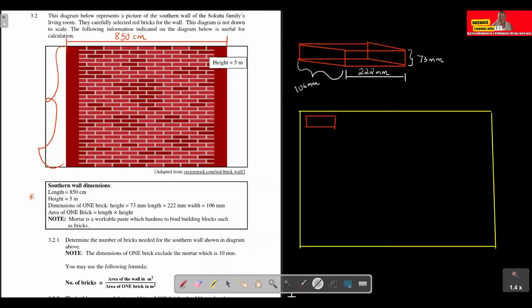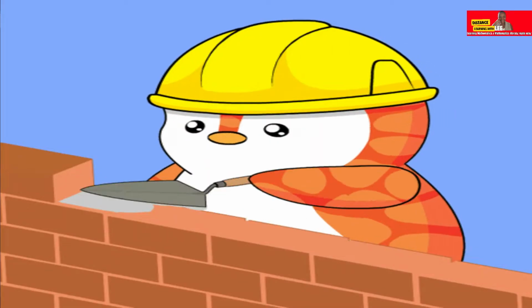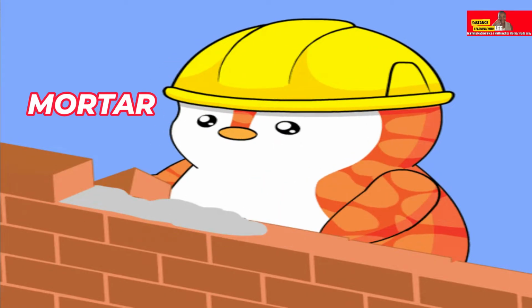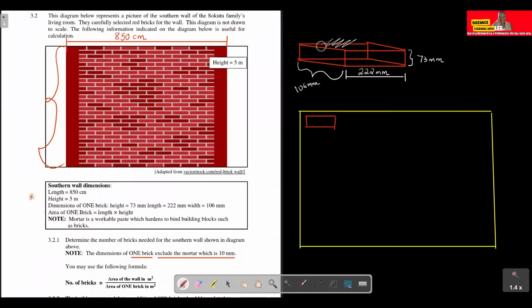However, we were also given additional information here. We are told that the dimensions of one brick that are given to us here exclude the mortar, which is 10 millimeters. So it excludes that cement that is put on your brick. Because you guys already know when you're building, they put cement on your brick. They'll put your paste on the top of your brick, and then place that brick on the wall.